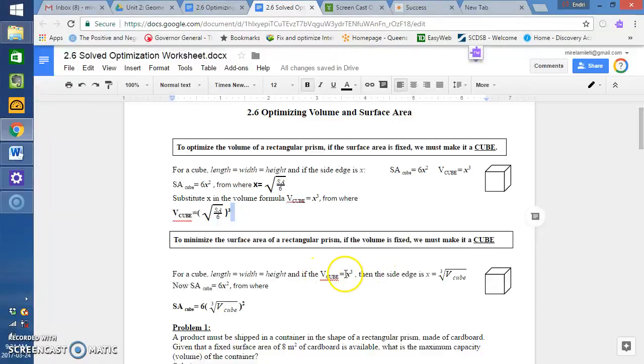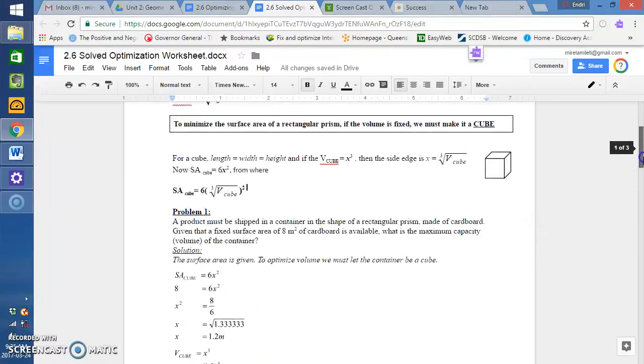We're going to isolate the side, the variable x, and that will be the third root of the volume. We use this in the formula for the surface area of the cube, which is 6x squared. Instead of x, we write the third root of the volume and figure out the minimum surface area when we have a fixed value.